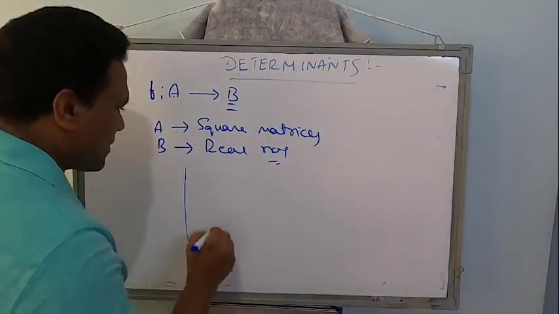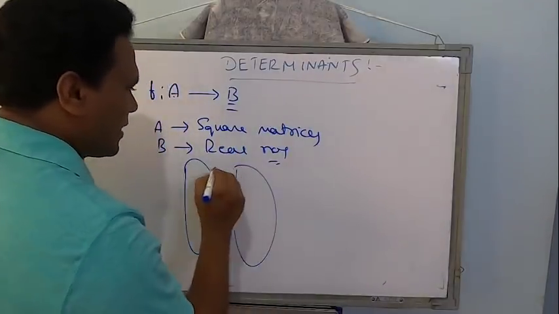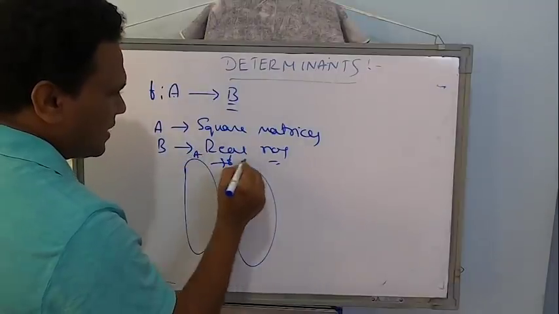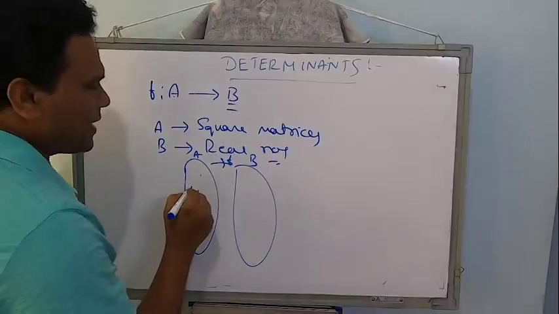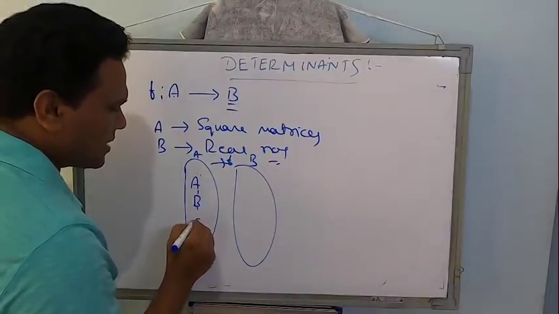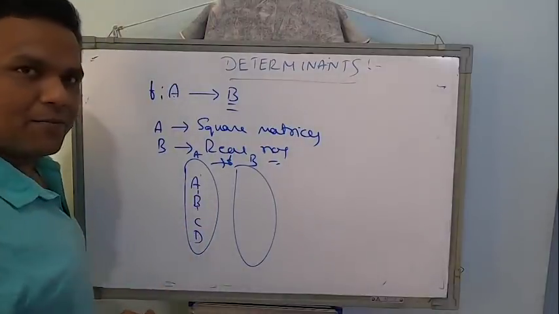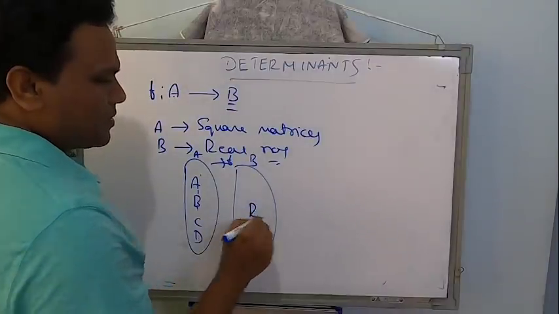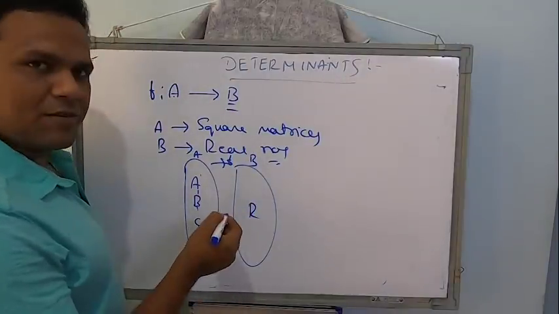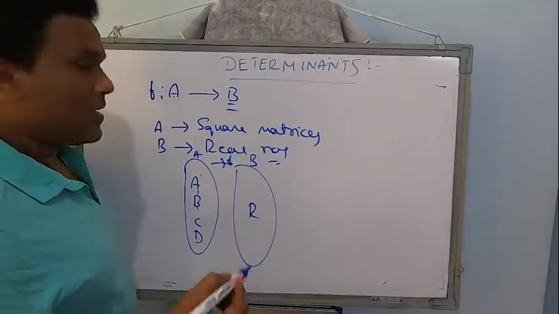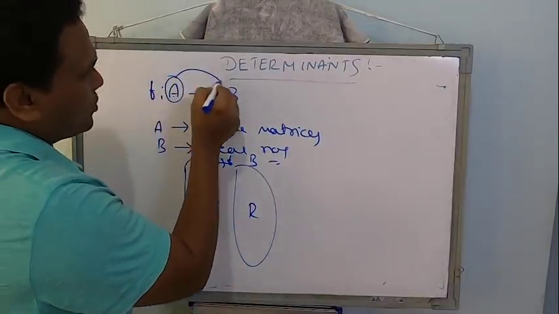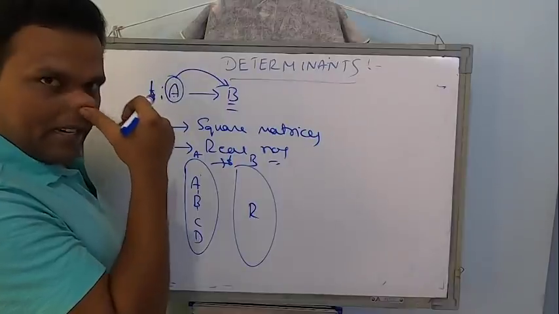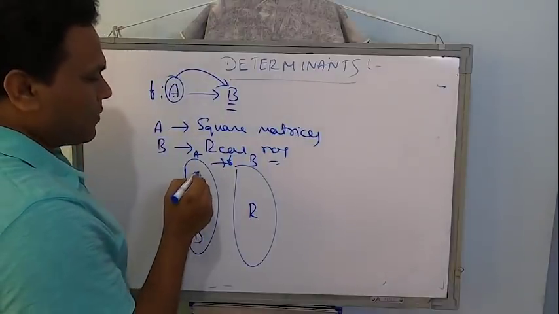If I represent it like an arrow diagram, f is a function from set A to set B. What are here? Square matrices, correct? For example, there is a square matrix A, square matrix B, C, D and so on. And here there will be real numbers. So when will we say it's a function? If every element of A is associated to a unique element in B. Now what is the meaning?